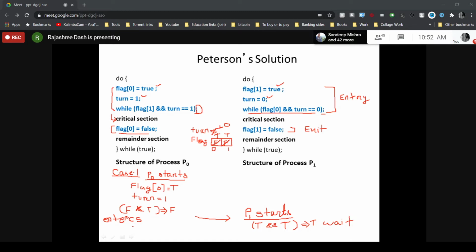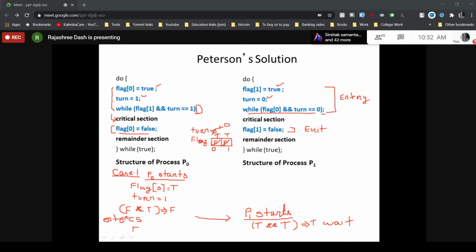So while P0 is executing its critical section, P1 has executed the first two lines, but in the third line, that means while executing the while statement, it stops there, doing nothing, repeatedly checking the condition.